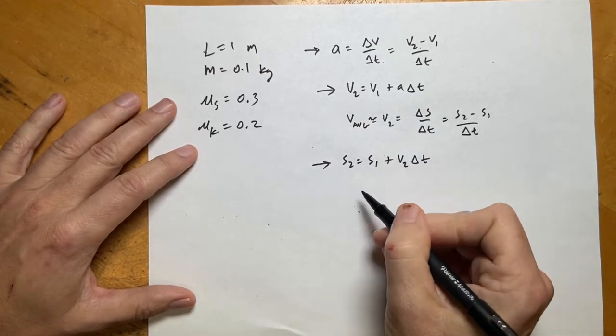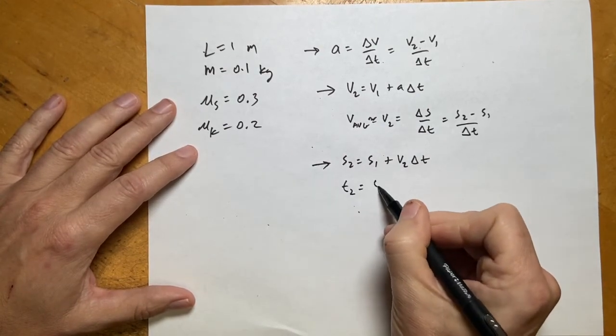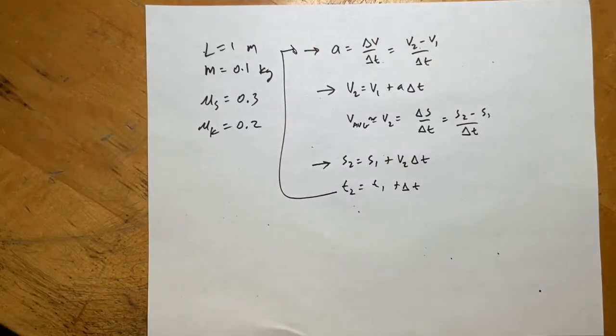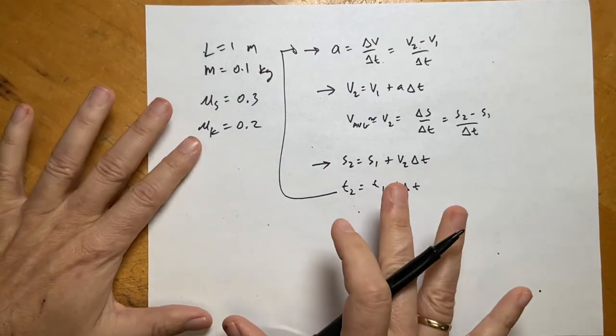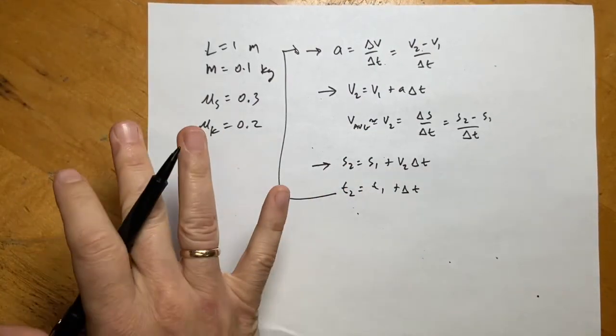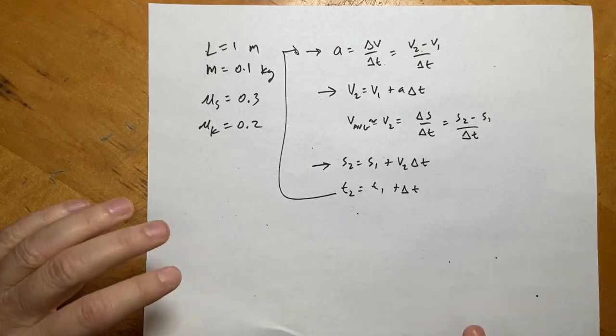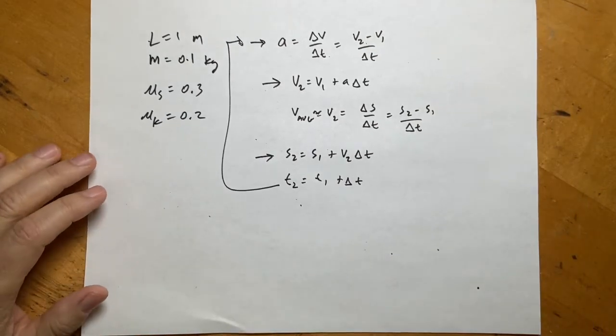And then I just update time, t2 equals t1 plus delta t, and then do it all over again. That's my recipe for numerical calculation. So I'm going to do this, and I'm going to have both models. I'm going to use my model from before using the no friction case, and then compare that right next to the one with friction, and we can see what happens. So I'm going to switch over to Python, so I'll see you over there.